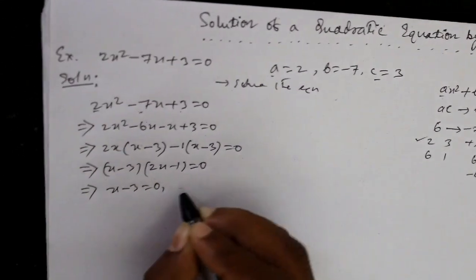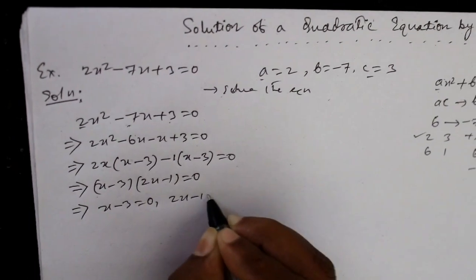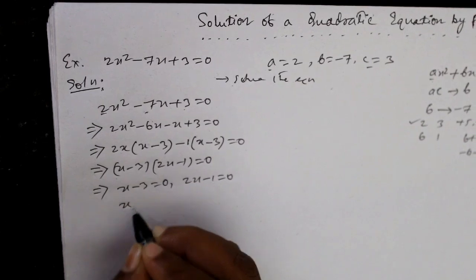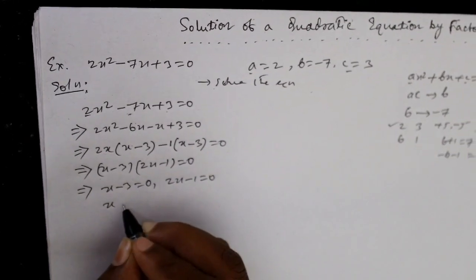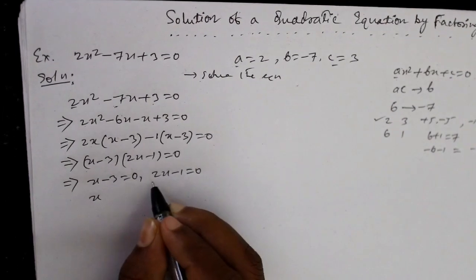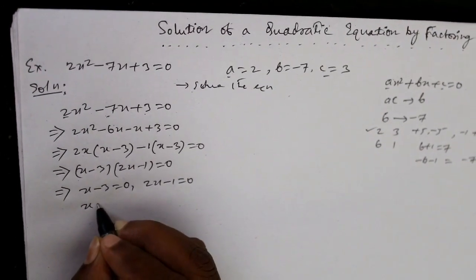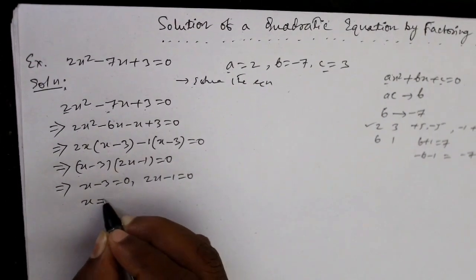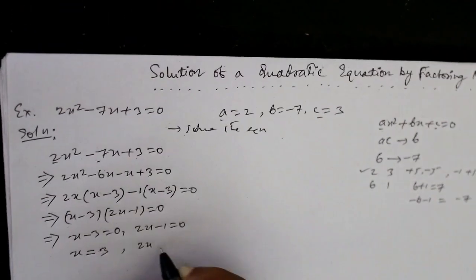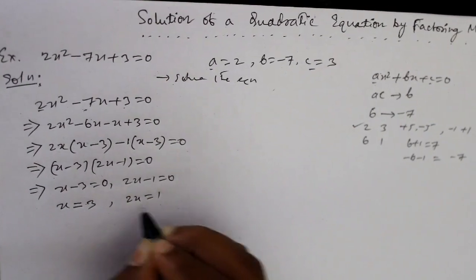Now we have x minus 3 is equal to 0 and 2x minus 1 is equal to 0. We can write it like this. When we transfer this minus 3 to the right hand side, the sign becomes opposite, that is plus 3. And similarly in this case also, 2x is equal to plus 1.